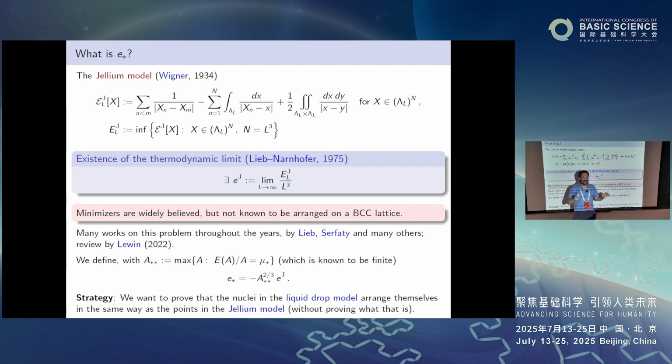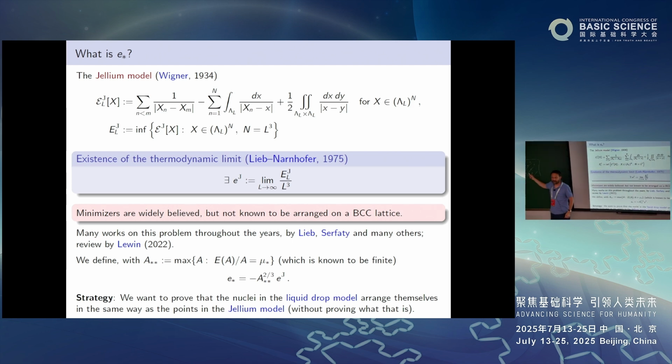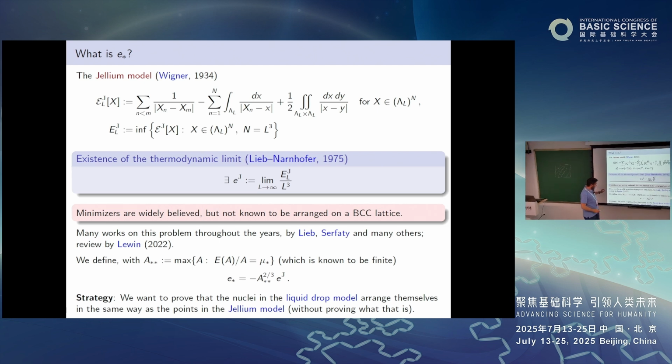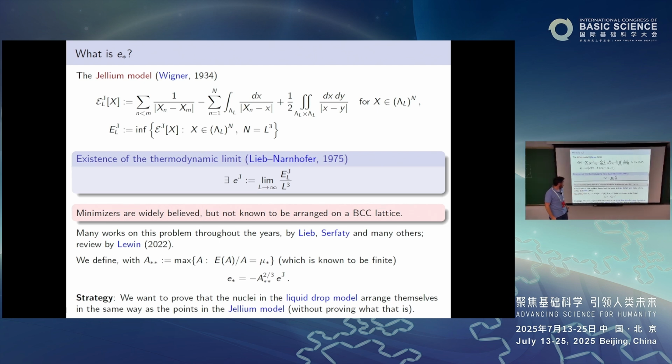But even before that, the question is, do these points really arrange themselves on a lattice? And once they arrange themselves on a lattice, then you can compute among all lattices which lattice it is. Anyway, so that's another big conjecture. And if you want to read more about this, I refer you to the review by Mathieu Lewin. And also after Lieb's seminal works on this topic, recently Sylvia Serfaty and collaborators have studied these problems and variations thereof.